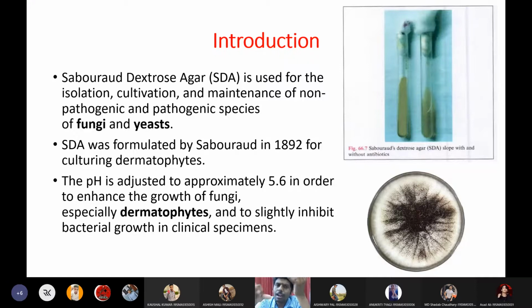So fungi are adapted to grow at this particular pH. Their favorable pH is around 5.6, and we must adjust the pH of the media to 5.6 for the growth of fungi. Okay, so that is one important point in SDA.